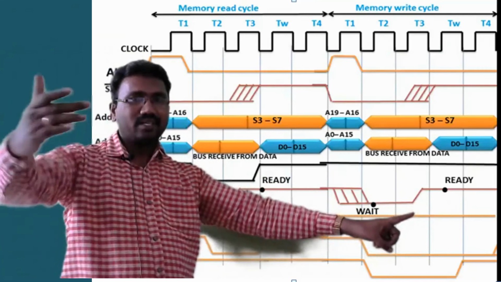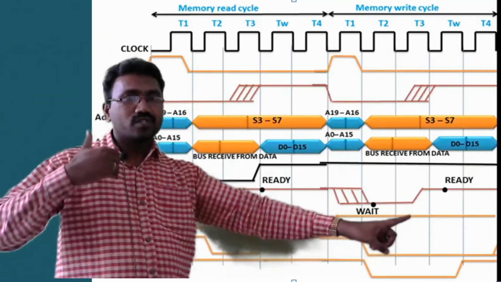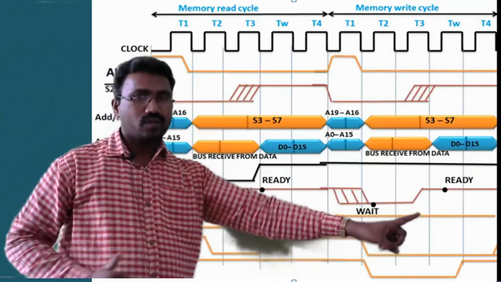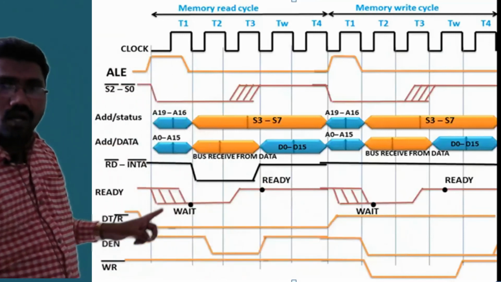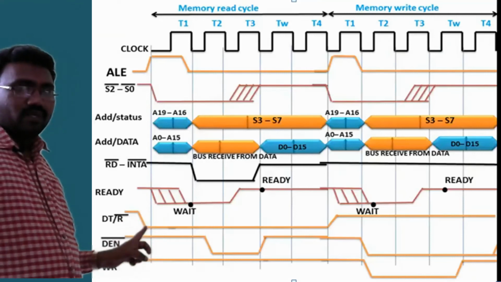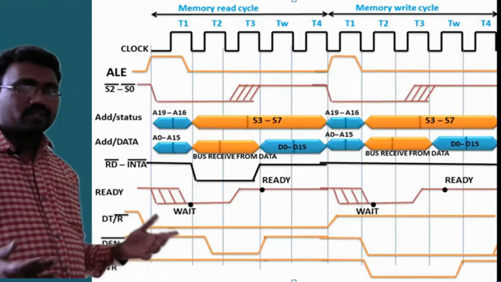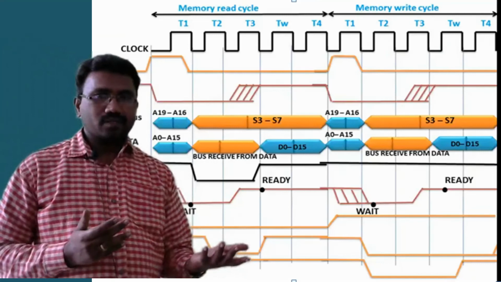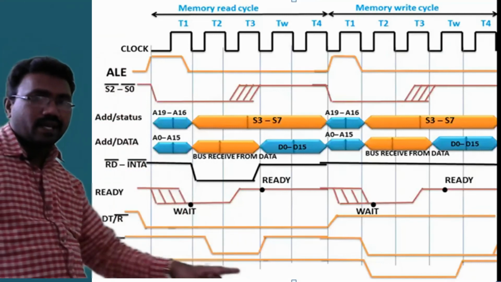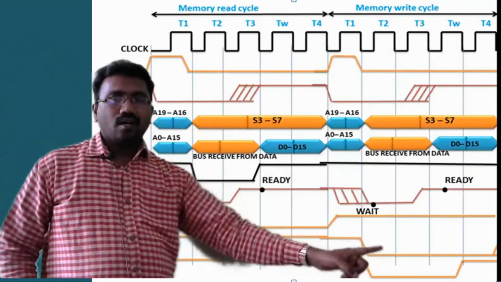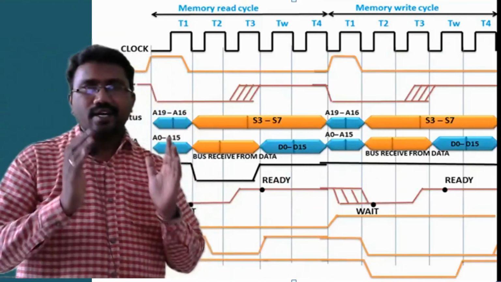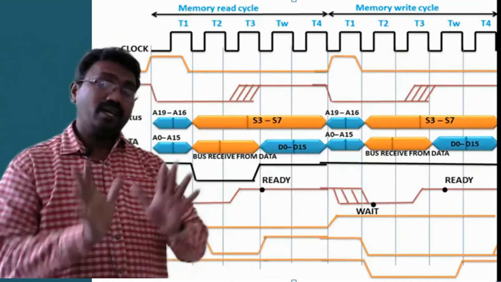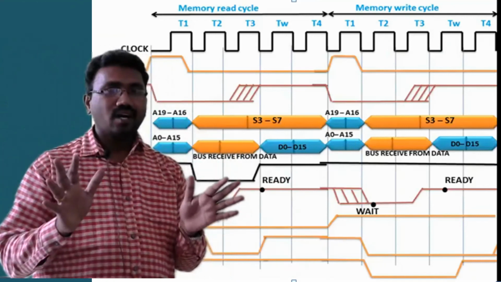Data transmit is processor to memory, a write operation. And coming to DEN bar: for a read or write operation, the data is transmitted through the data bus. Whenever DEN bar is 0, whatever data is on the data bus is valid. The remaining time, the data on the data bus is invalid.